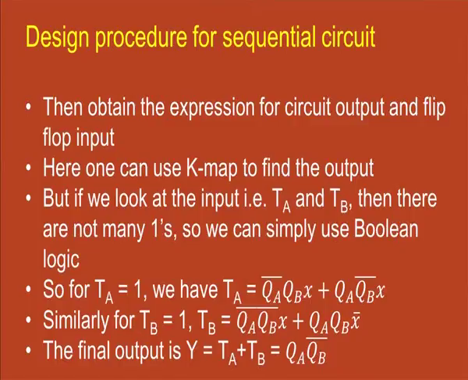Similarly, for T B equal to 1, T B is equal to Q A bar dot Q B bar dot x plus Q A Q B dot x bar. Once we get the two inputs T A and T B, we can get the final output, which is y equal to T A plus T B, and if we simplify this, we obtain Q A dot Q B bar.